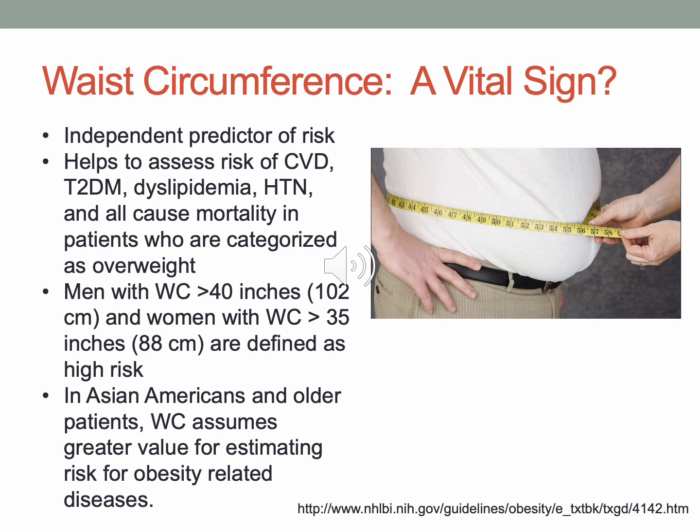We want a waist circumference of less than 40 inches in men and less than 35 inches in females. And in certain ethnic groups or racial groups like Asian Americans, that waist circumference goal may be smaller. You can look at the guidelines to figure out which ethnic group matches. But as a general rule, it's 35 inches in females and 40 inches in males.